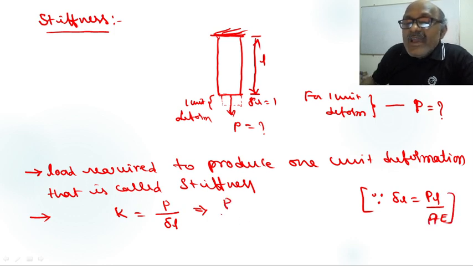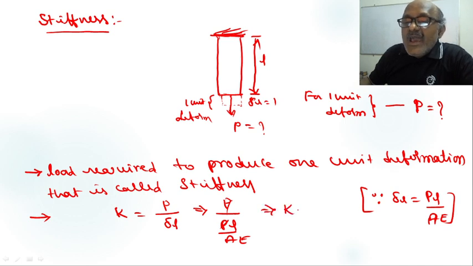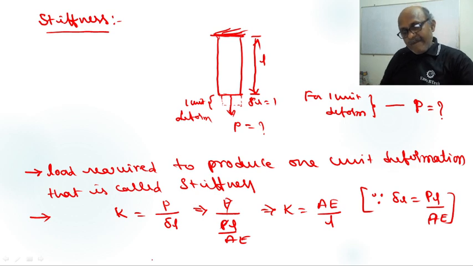Substitute that value here: P cancels out, so K is equal to AE by L. All of it clear?